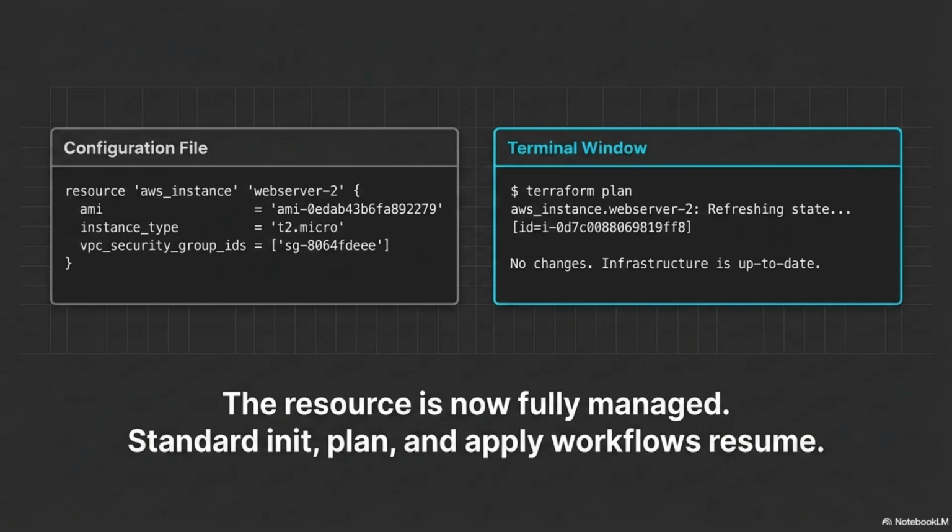Infrastructure is up to date. The resource is now fully managed. Standard init, plan, and apply workflows resume as normal. That previously rogue resource now lives inside your IaC pipeline. Every future change goes through Terraform. Every update is tracked. Every deployment is version controlled. The chaos is contained. The infrastructure is clean.